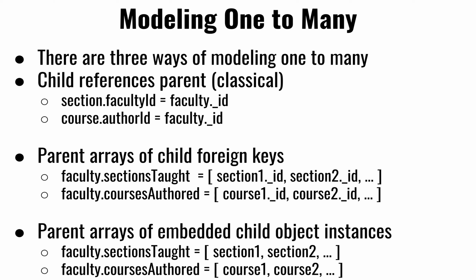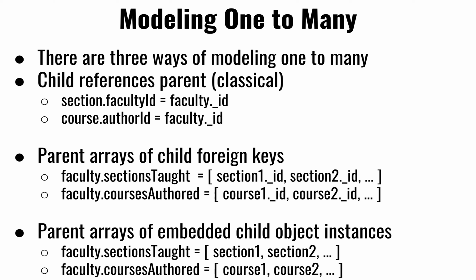Reference some other collection, some other record, some other document with their primary key, or instead you can use kind of the same technique that we looked at earlier, where the faculty can have knowledge about the children. Instead of the children having references back to the parent, you can go the other way around. You can have the parent faculty knowing about all the sections that they're teaching.